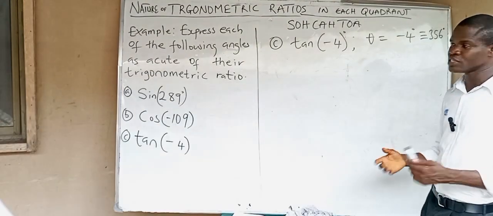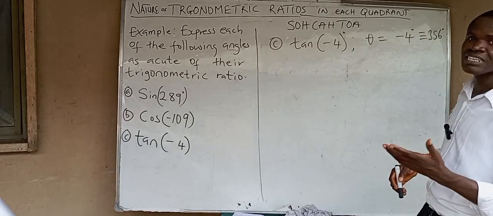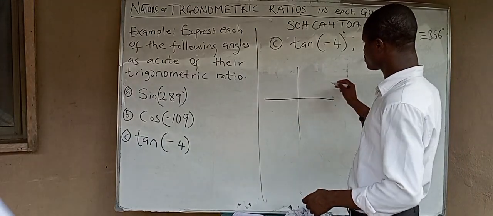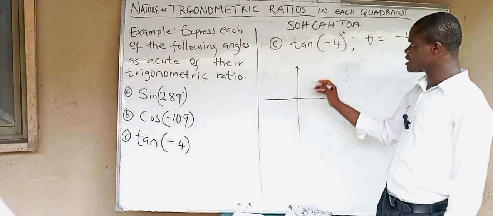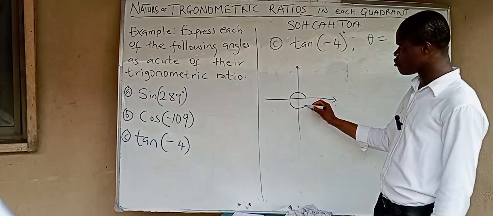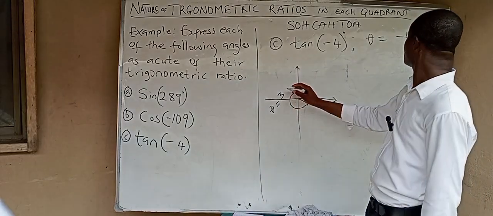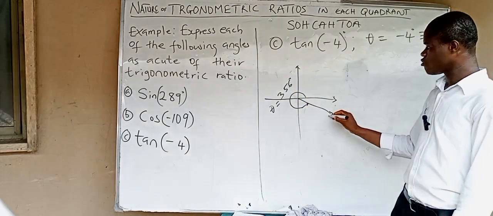I can now go ahead to answer the question. So 356 degrees is in the fourth quadrant. So let's draw. Remember, theta is positive now. So we go this way and we land in the fourth quadrant. And here theta is equal to 356 degrees.